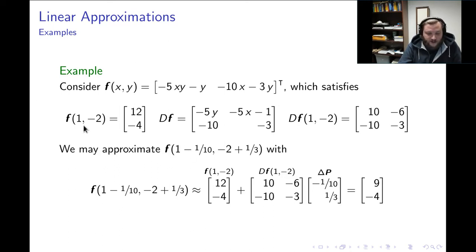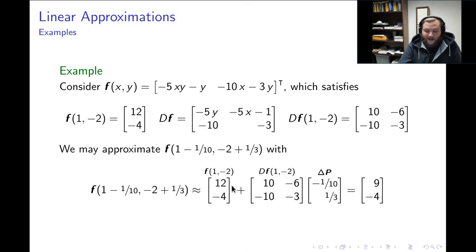If I started at 1 and I'm subtracting 1/10, the first coordinate of delta P should be negative 1/10. In my second coordinate, I started at negative 2, and now I'm adding 1/3, so the second coordinate in my change vector, delta P, should be 1/3.